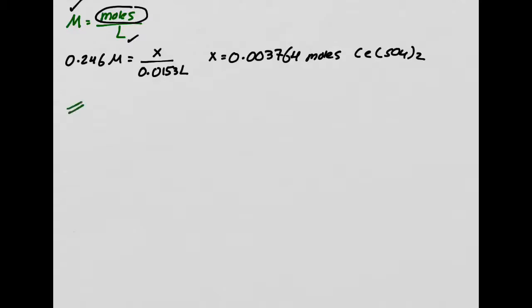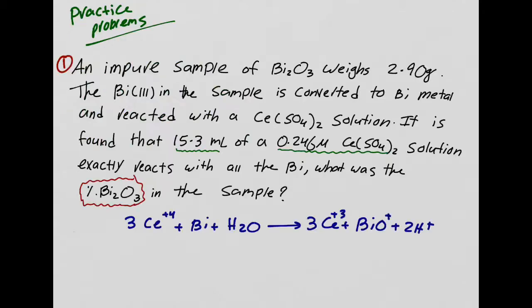Yes, hashtag mole ratio. It gets a hashtag because it really matters in stoichiometry and in chemistry. They give you the cerium sulfate, but what they ask for is bismuth oxide, so we have to do some sort of mole ratio to get to what we want.